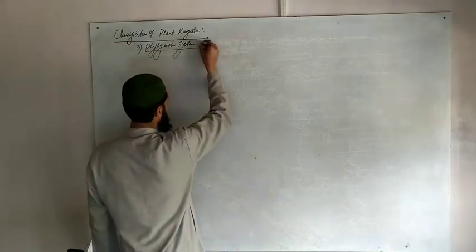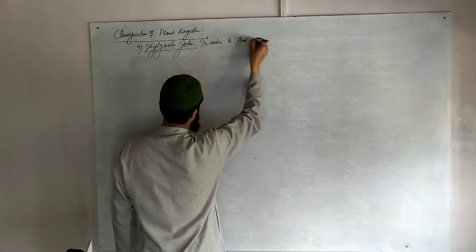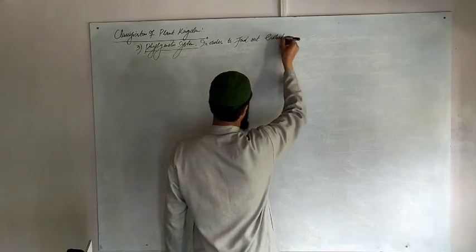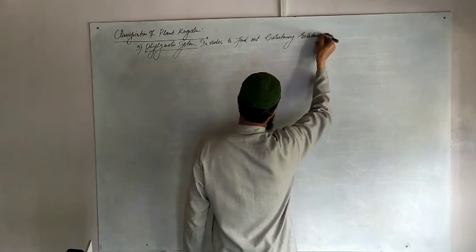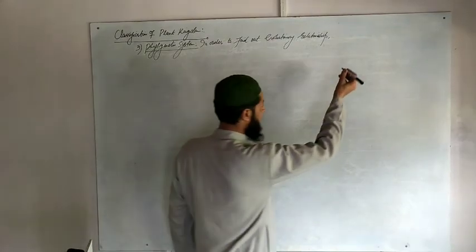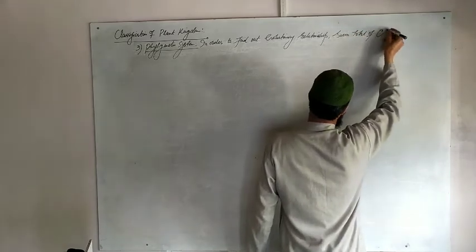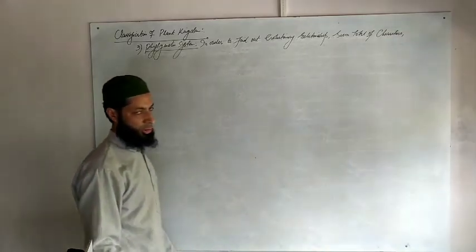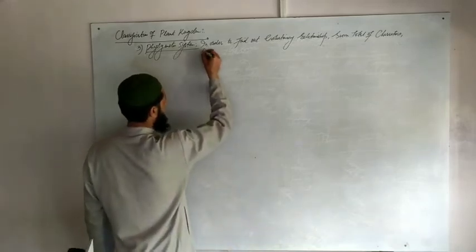In order to find out evolutionary relationship, the sum total of all the characters or features from different fields of biology are taken into consideration.